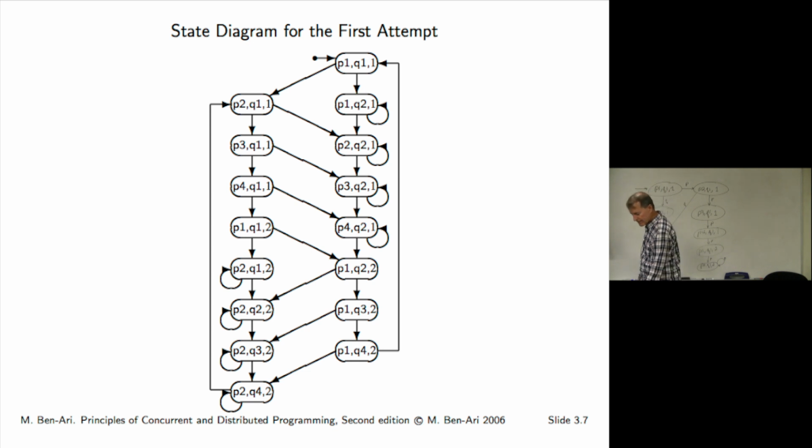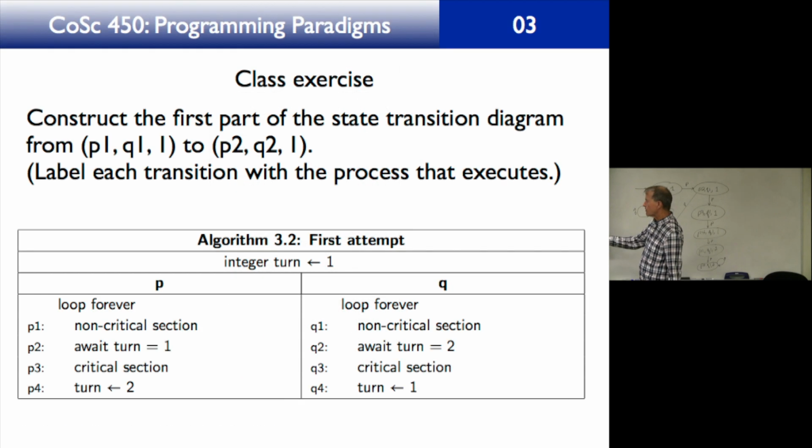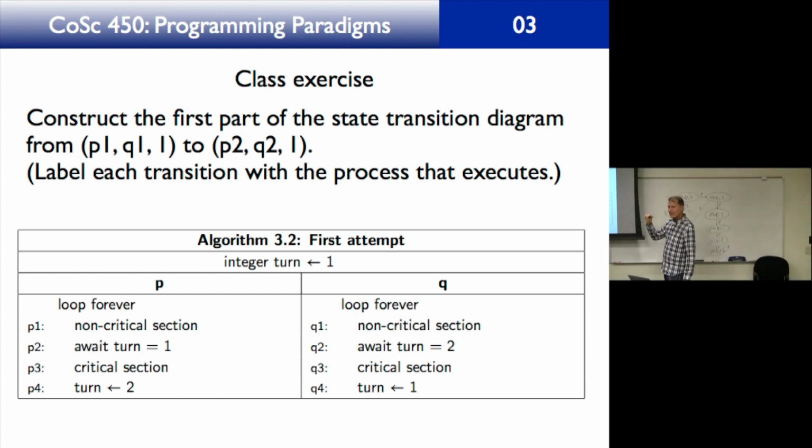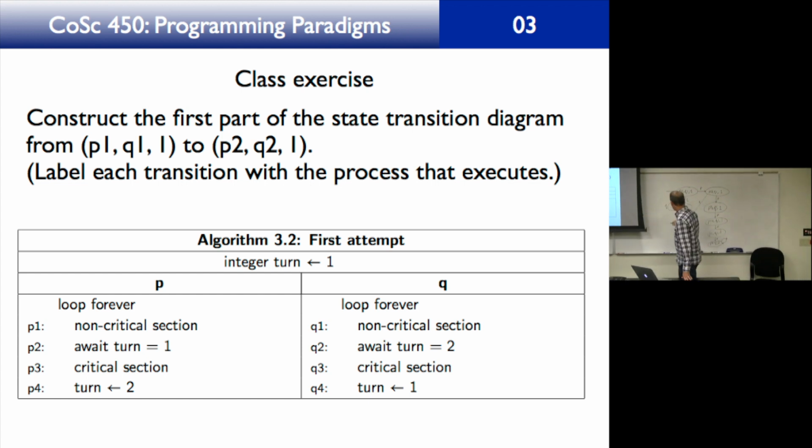So how can we analyze mutual exclusion? Well, let's go back. What does mutual exclusion mean? Let's go back to this code here in algorithm 3.2. What would the values of the 3 things in the state be if they were both in their critical section?